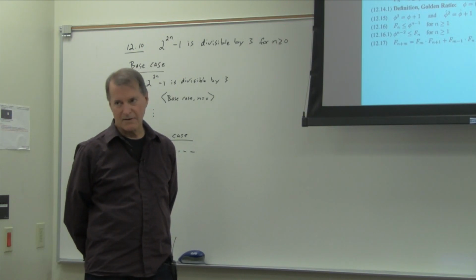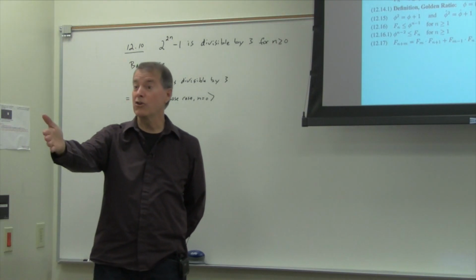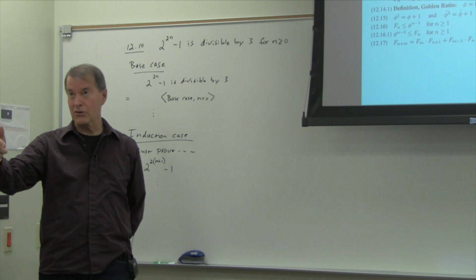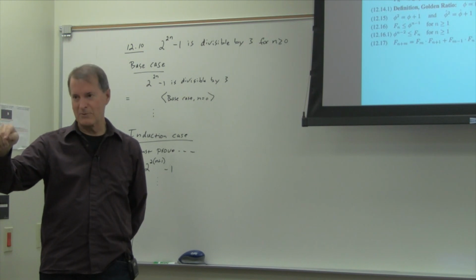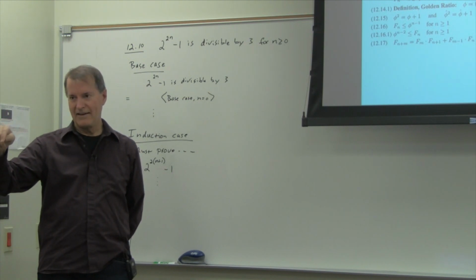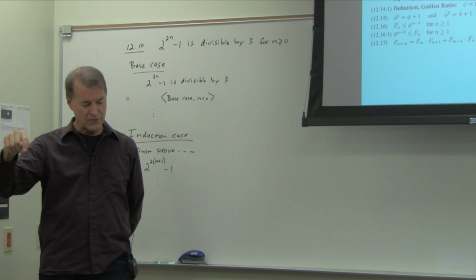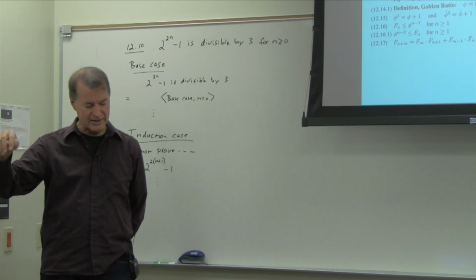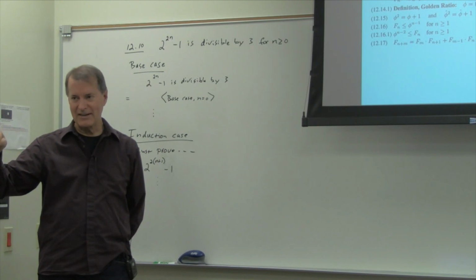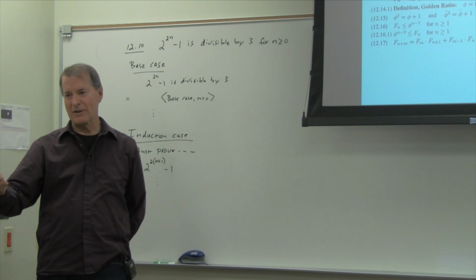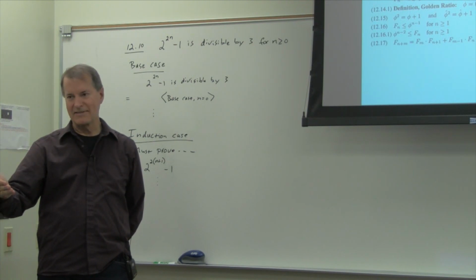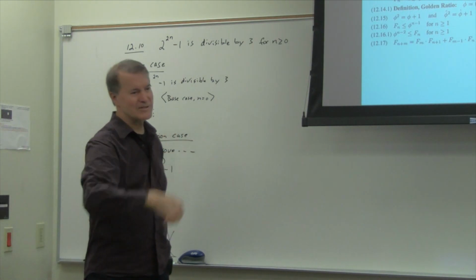If 2 to the 2n minus 1 is divisible by 3, you know that. And we know that 3 times 2 to the 2n is divisible by 3, since multiplying by 3 keeps it divisible. And if you add two numbers that are divisible by 3, you know that's what? So therefore the whole thing is divisible by 3.